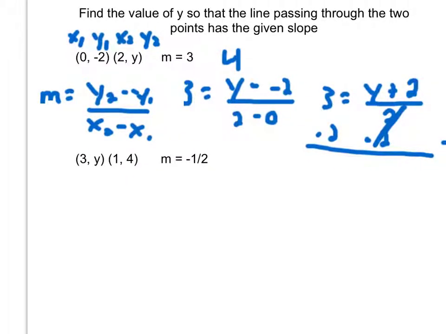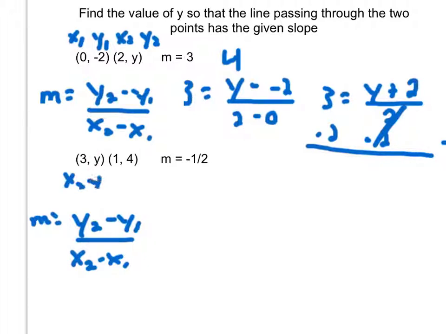So again, same thing, we're going to put m equals y2 minus y1 over x2 minus x1 first. I'm going to pick my y points. Again, I want my y I don't know to be y2, so this is going to be x2 and y2 this time, and these are x1 and y1. So let's plug those in.